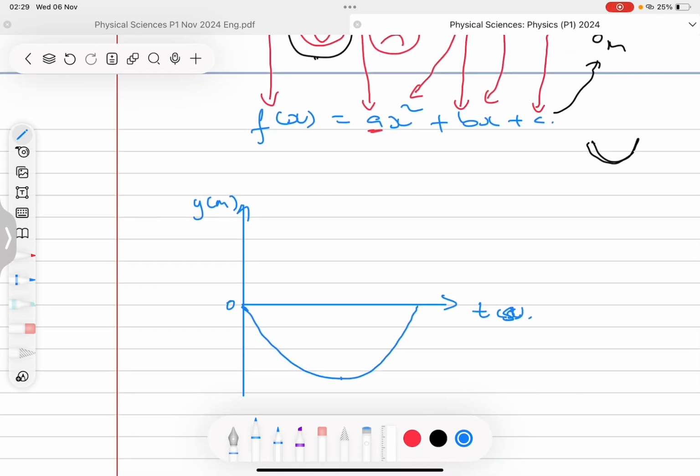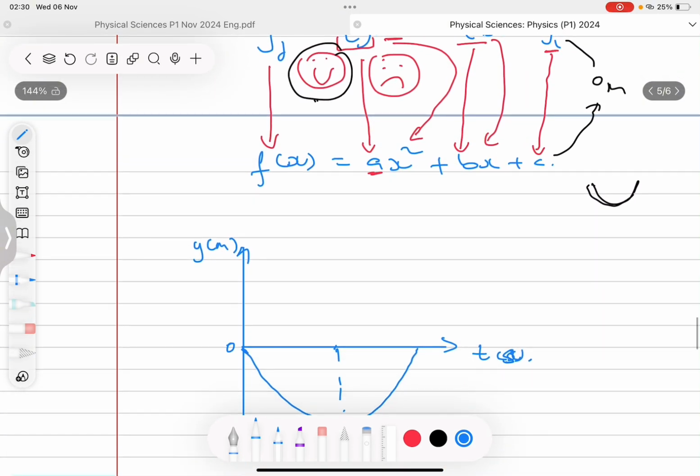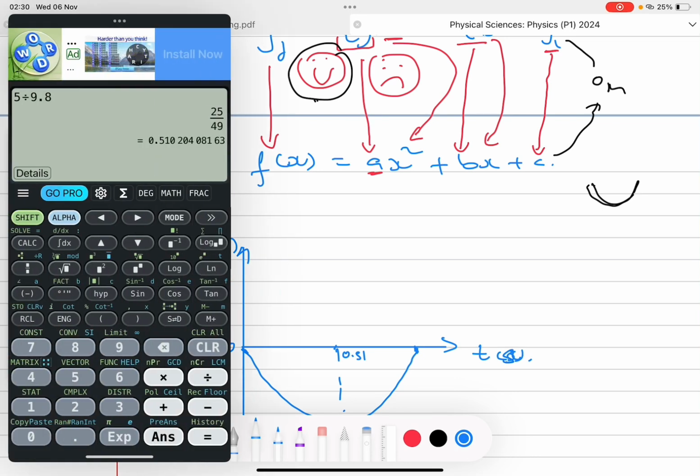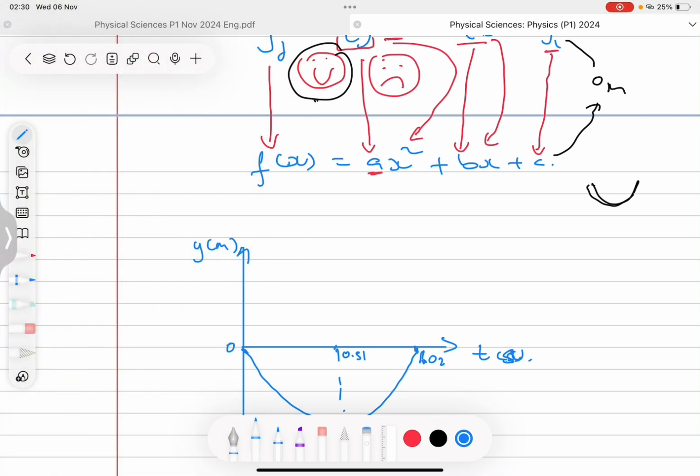And this means at this stage here, that's where you will measure your maximum height. That's where it will reach the maximum height. And we know that the time, we calculated the time to be 0.51. So here we'll have 0.51 seconds. And this means the time here will be double that because we also have a symmetry of time. 0.51 by 2, this should give me 1.02 seconds.